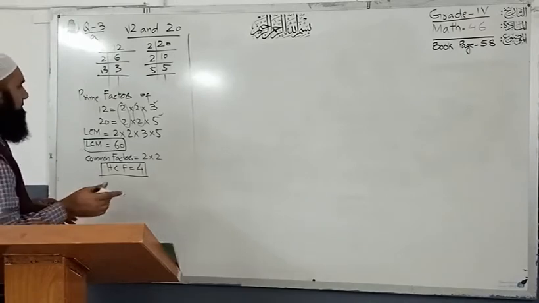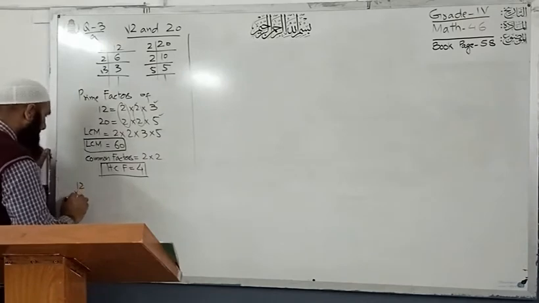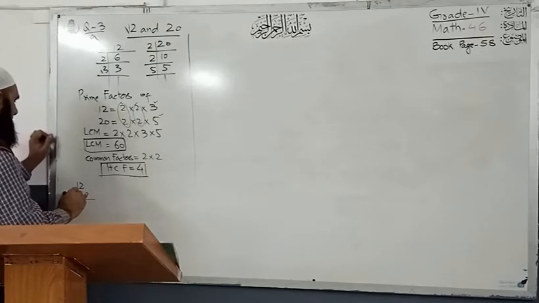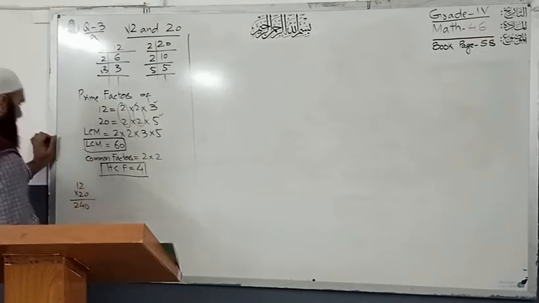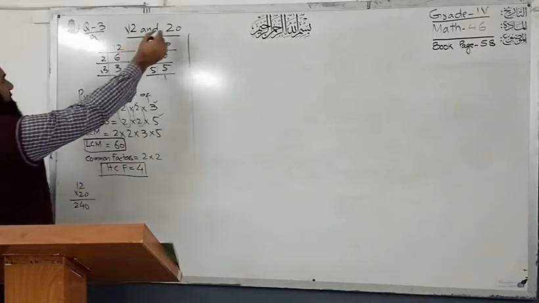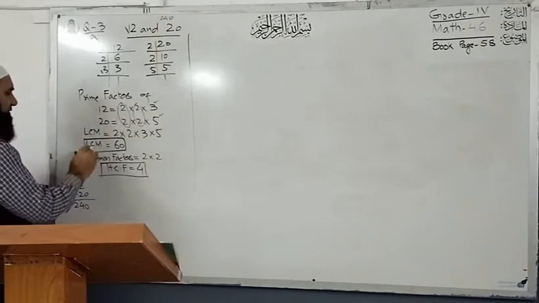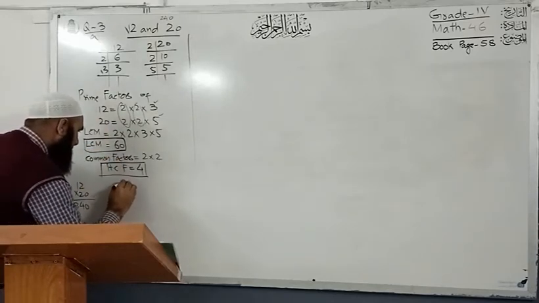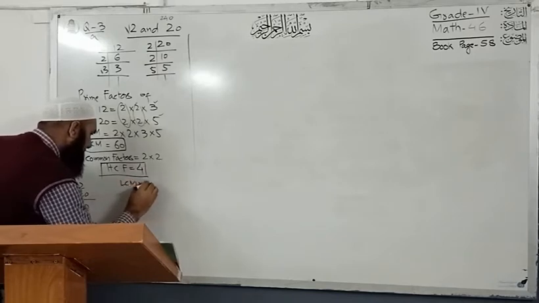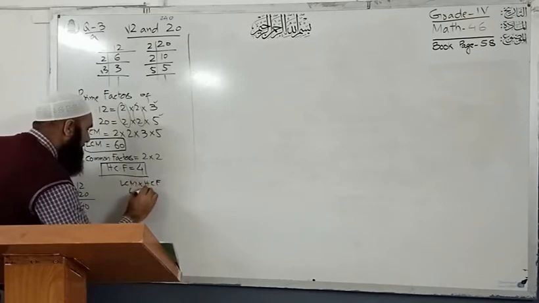Product of two numbers, multiply these two numbers, 12 multiply 20 will give us 240. And the product of the LCM and HCF: LCM is 60 multiply HCF is 4.